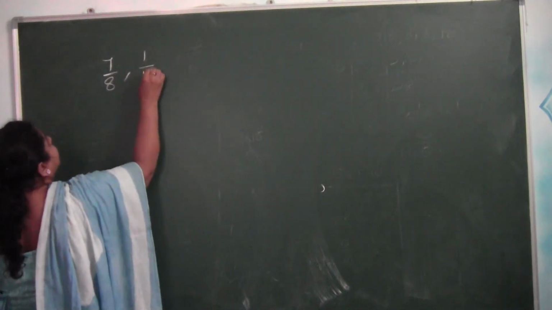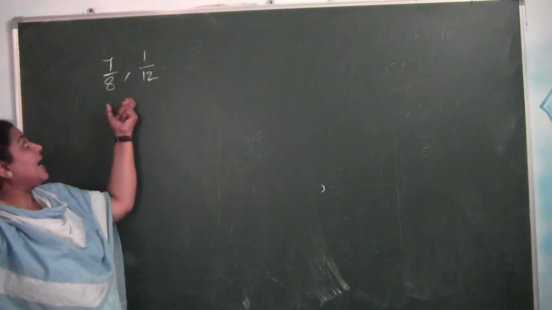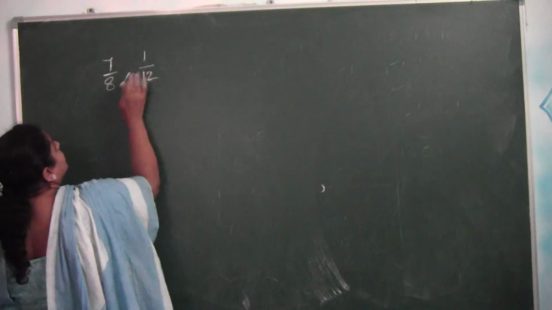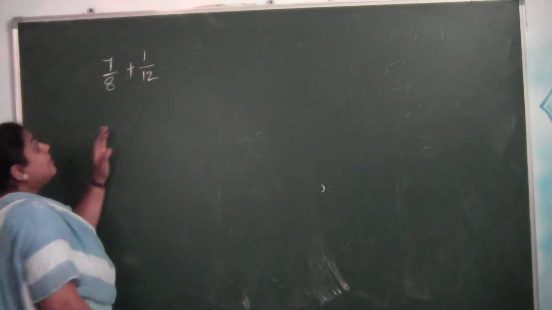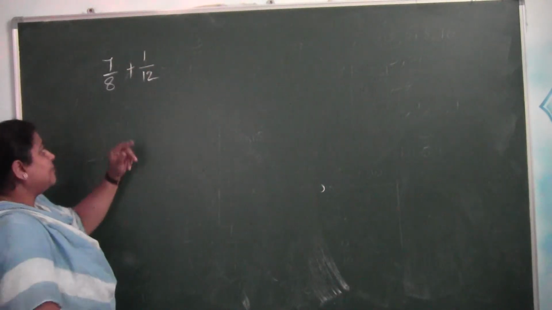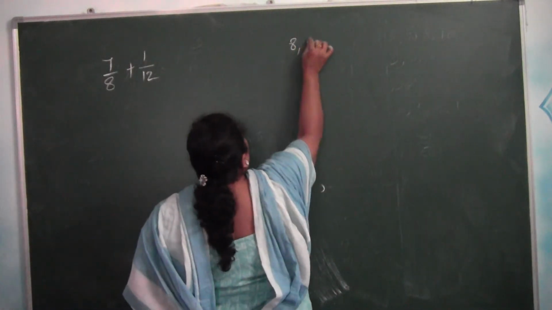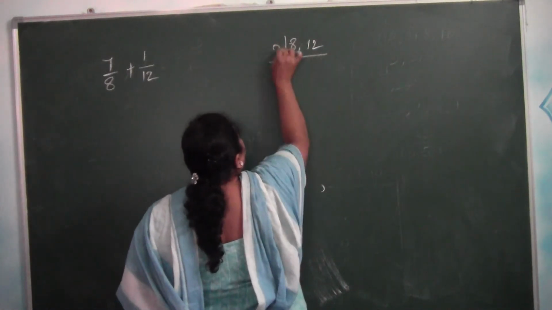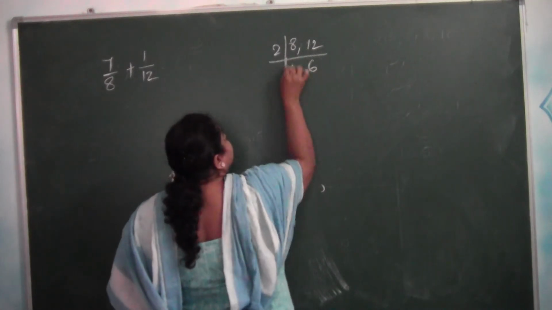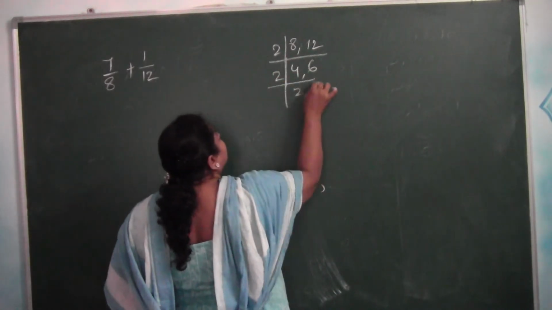Now we need to add. 8 and 12. 8, 12. Now let us calculate. 2 4s are, 2 6s are, 2 2s are, 2 3s are.